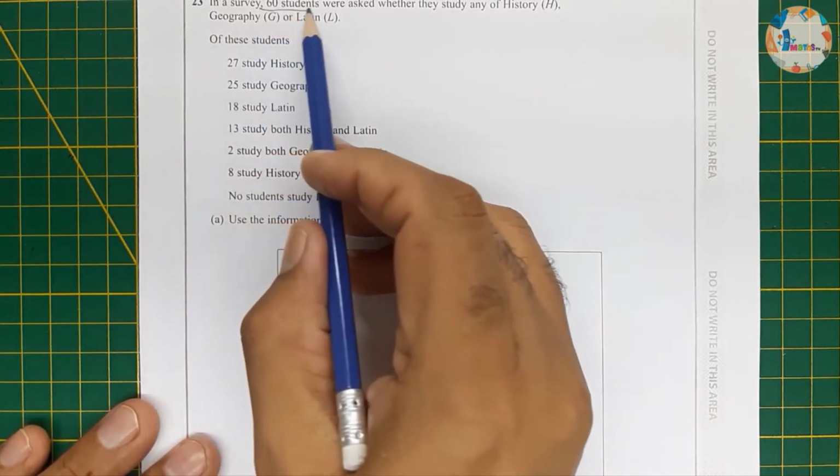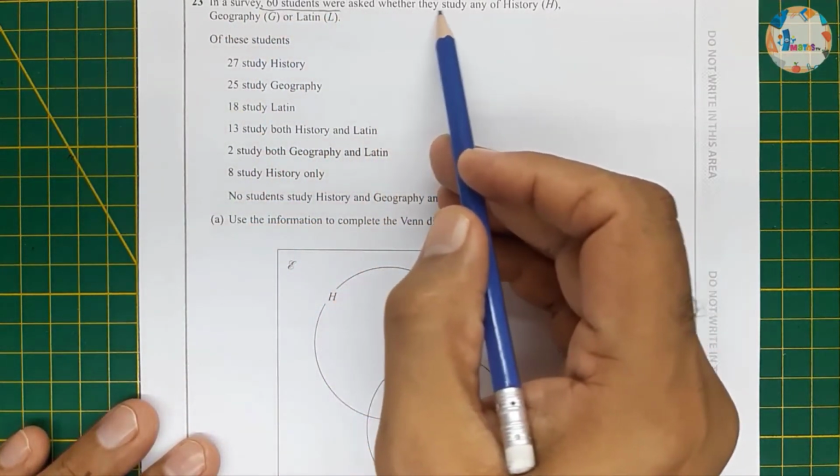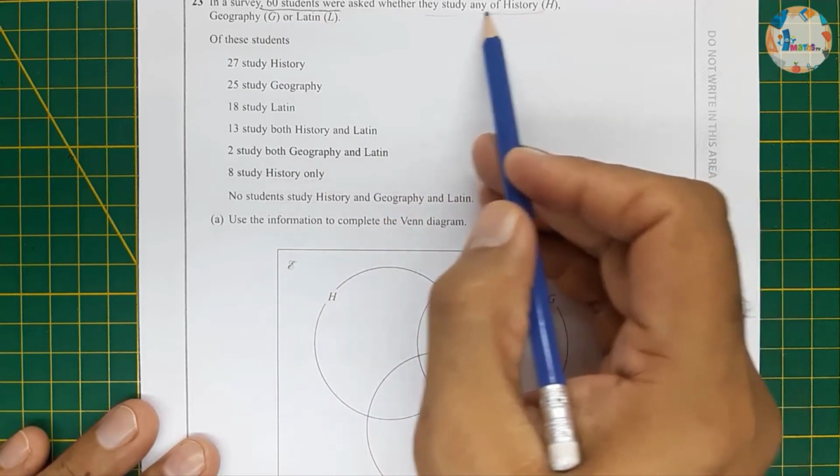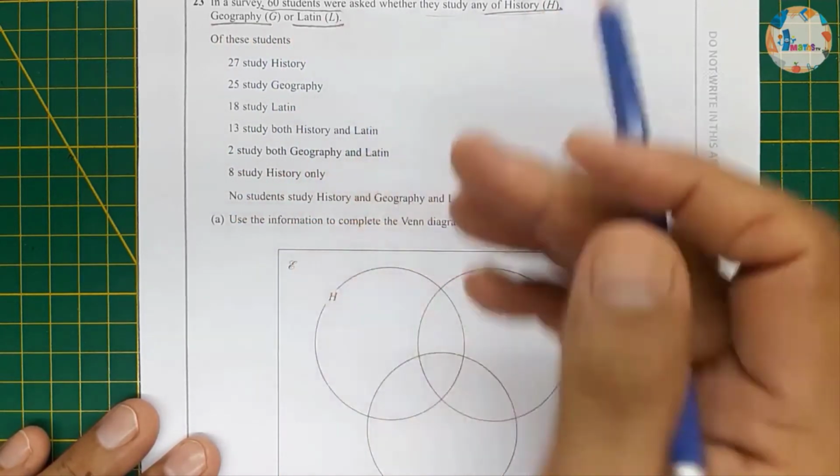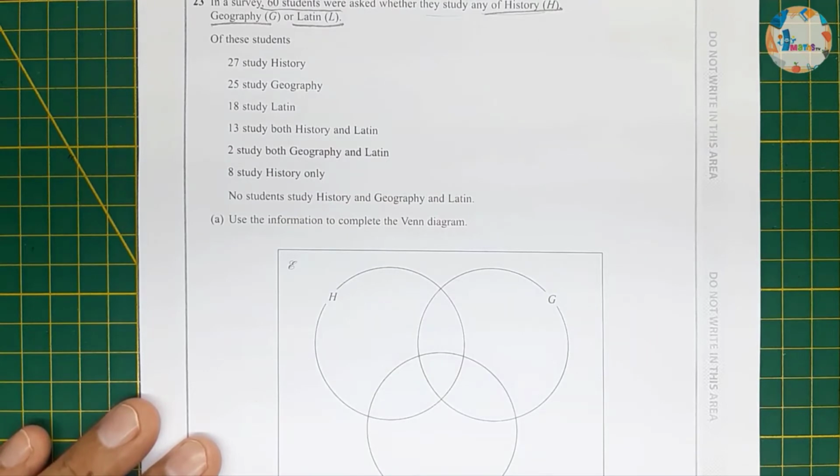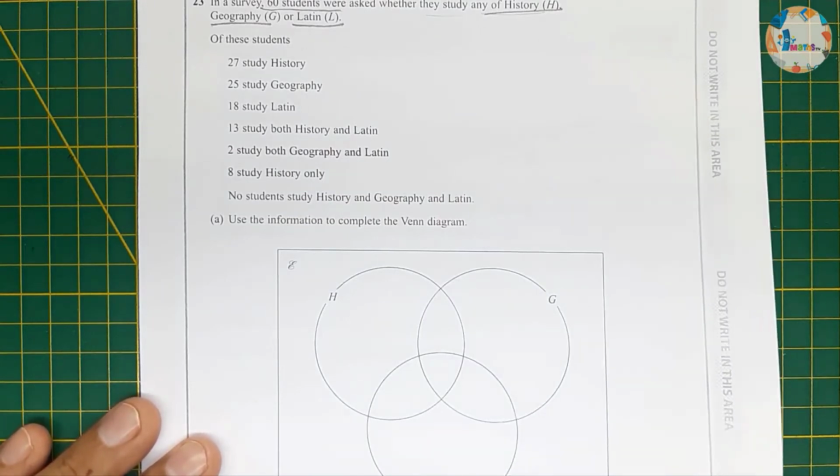In a survey 60 students were asked whether they study any of history, geography or Latin. Of these, 27 studied history.